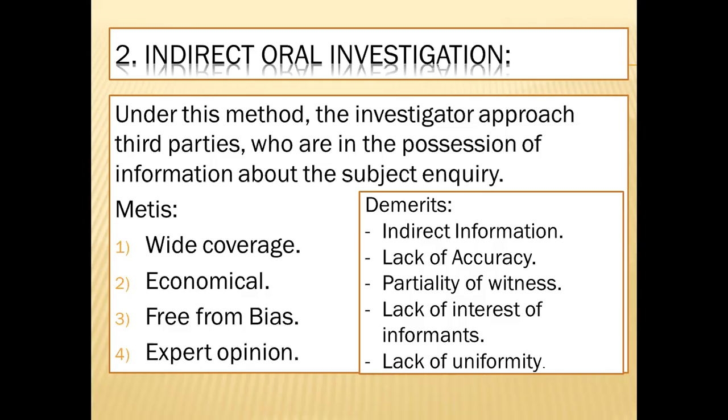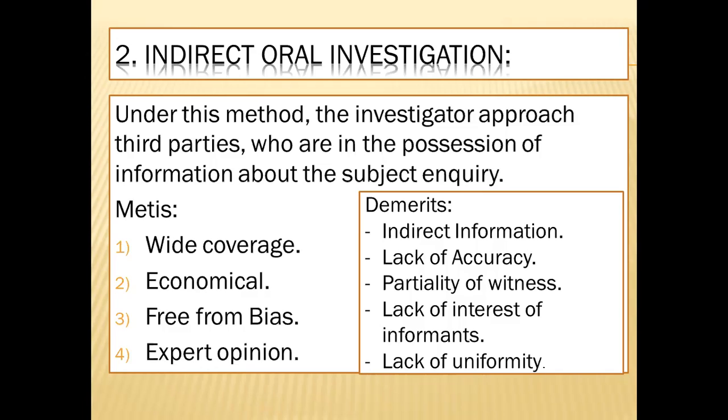Suppose one person is talking about another person and the investigator is collecting data about that other person from a third person, who is orally giving the information regarding that person. Suppose there is a criminal, and about the criminal one person gives information as an informer to the police, that is orally giving the data.